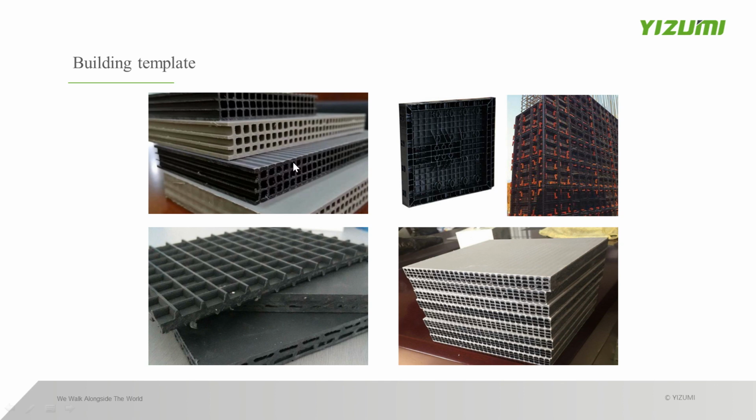If we can decrease the material cost, it's a big benefit for this one. And with fiber reinforced plastic, we can retain the mechanical properties, but decrease the cost of materials.